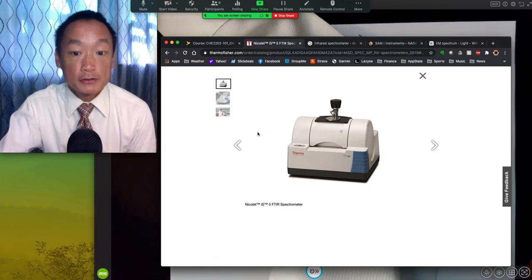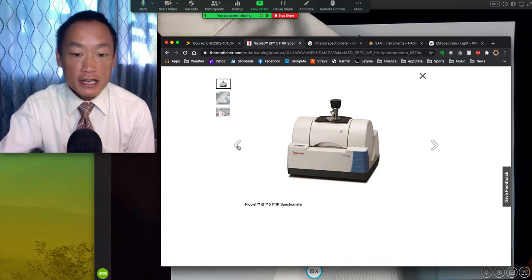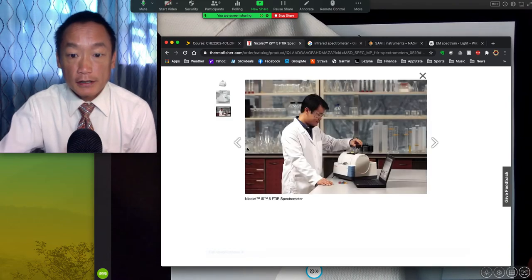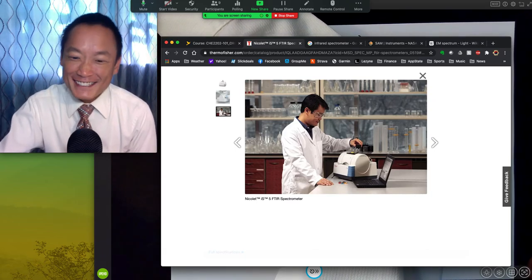But the idea here is don't make that mistake. These are absolutely instrumentation. You're looking at something that looks the size of maybe a microwave oven. You can see the size right here, so a really small instrument.